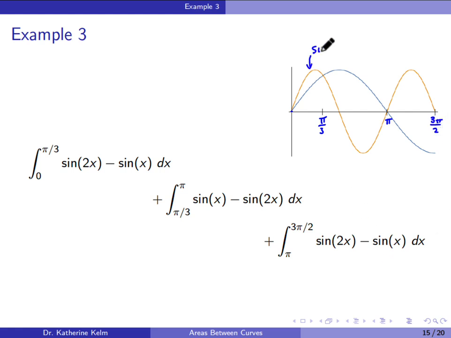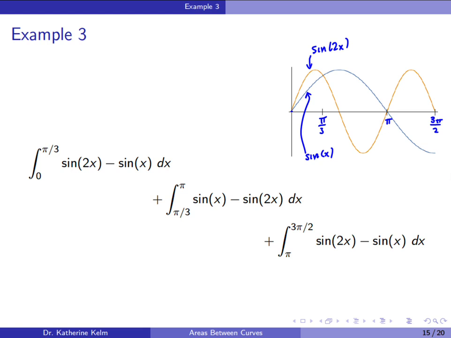This is sine of 2x, which lies above sine of x on this first interval. Then sine of x lies above sine of 2x between pi over 3 and pi. And finally, sine of 2x is above sine of x for the last interval.